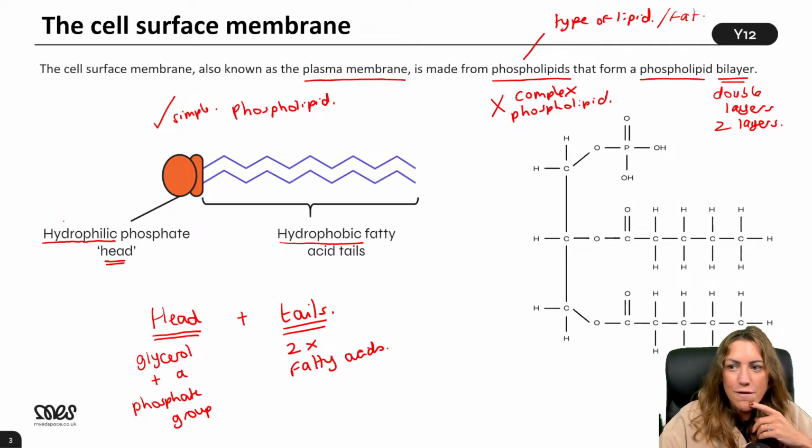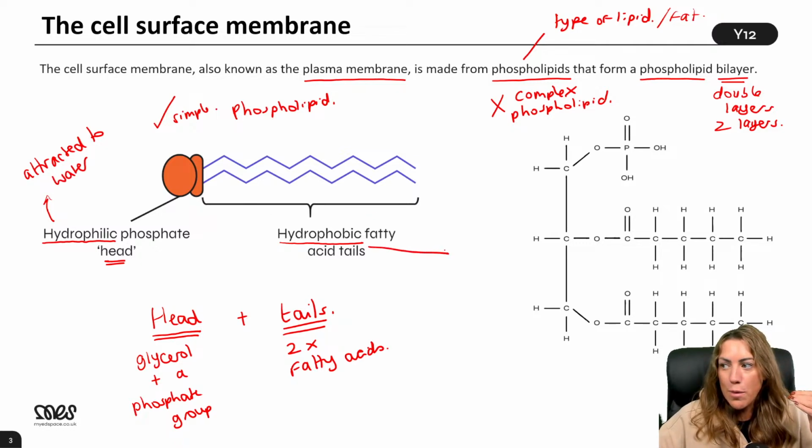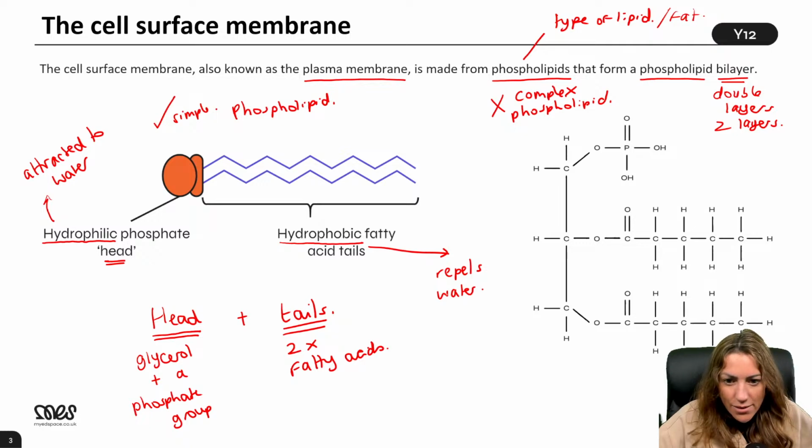But hydrophilic is the water loving bit. It's basically attracted to water. Whereas hydrophobic, the water hating bit, as you guys have said, means it repels water. So it makes sense. The fatty acid tails repel water, whereas the head, which don't forget is your glycerol and your phosphate group, is going to be attracted to water.